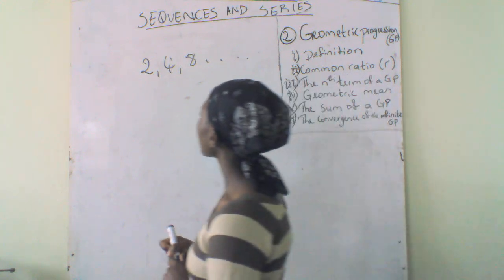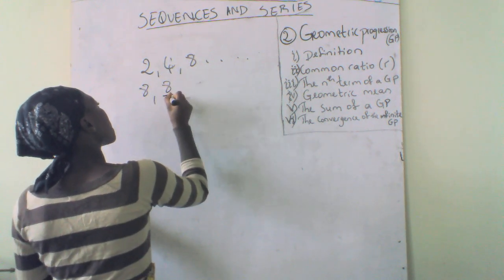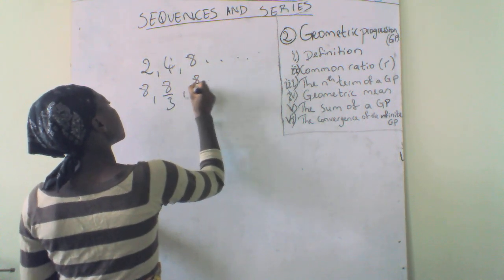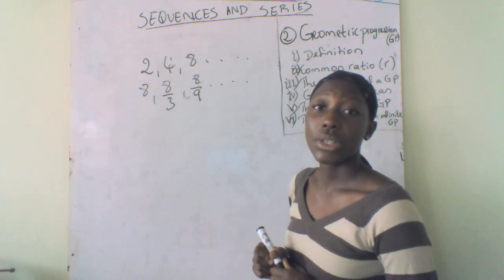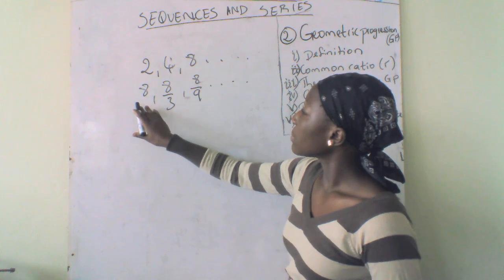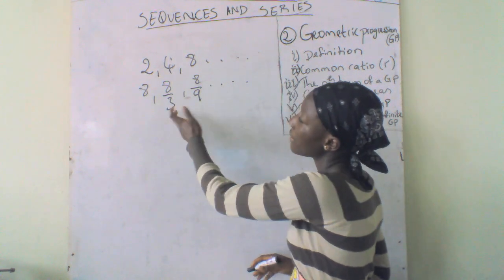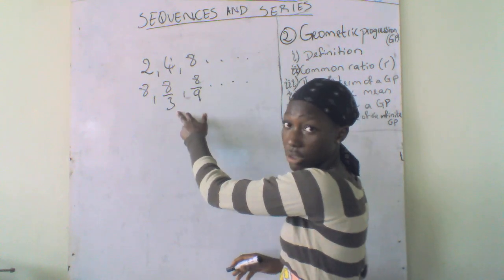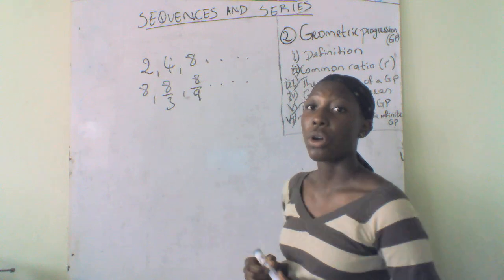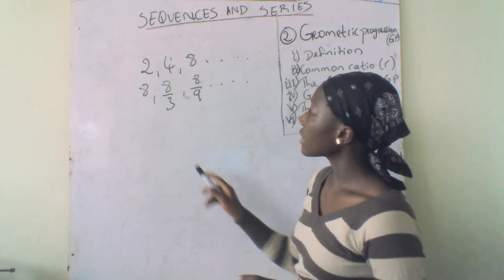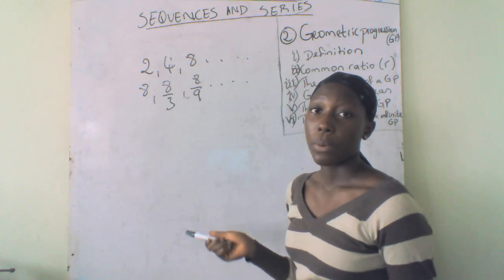If we take, for example, this sequence, here we can also see that there is a multiplication by 1/3 from the first term to the second term, and from the second term to the third term there is a multiplication by 1/3, meaning that it is constant, making it a geometric progression.